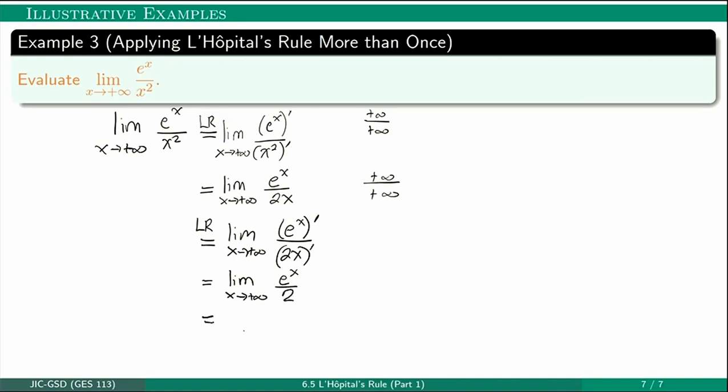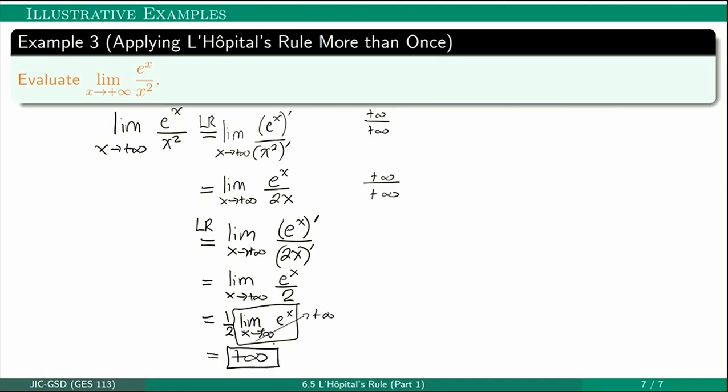I can actually remove 1/2 outside of the limit and write this as 1/2 times the limit as x approaches positive infinity of e to the x. But take note, the limit of e to the x as x approaches positive infinity goes to positive infinity. Well, multiplying positive infinity by a positive number will still be positive infinity.